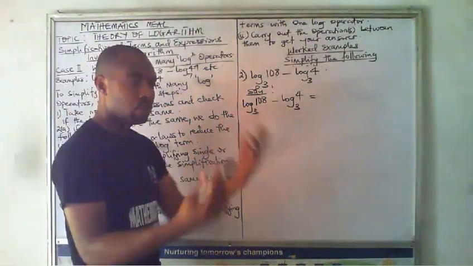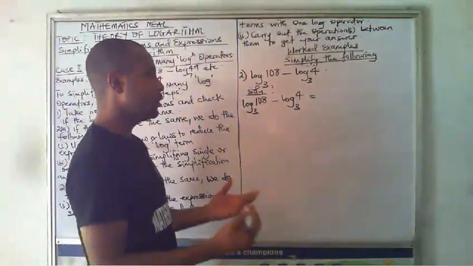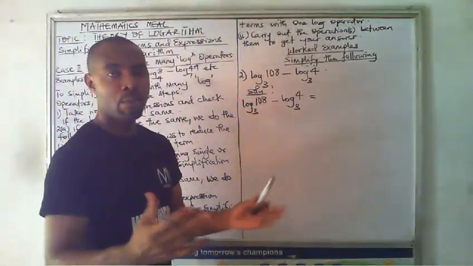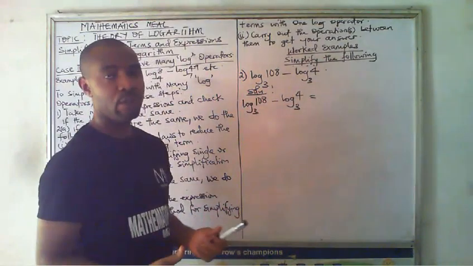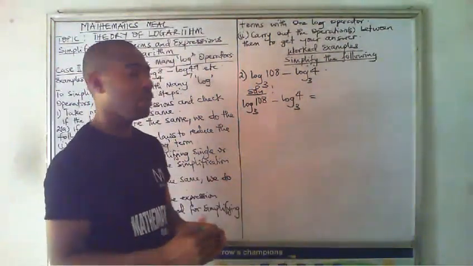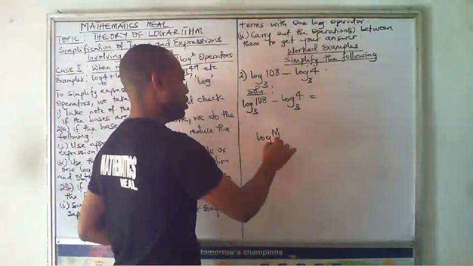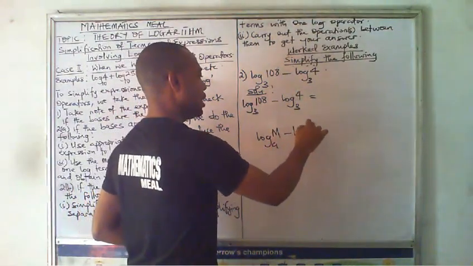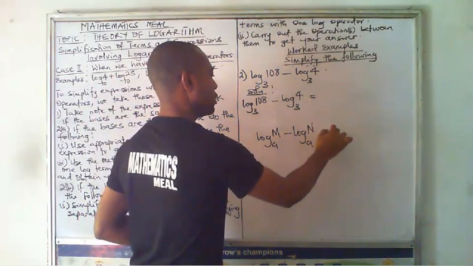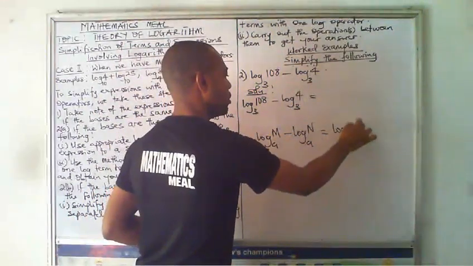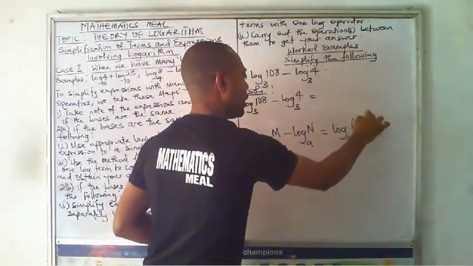Now we have looked at the laws that we can use to reduce multiple log operators to a single log: the first and the second laws of logarithm. Here we have subtraction, so the law we are likely going to apply will be log m divided by n.